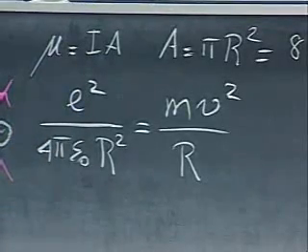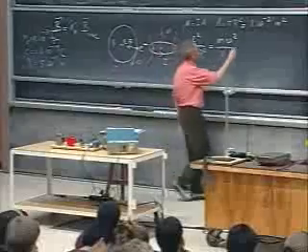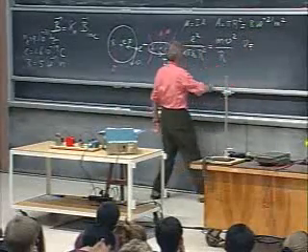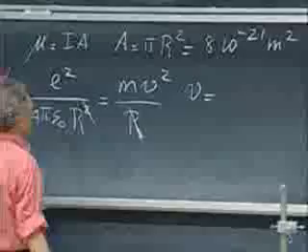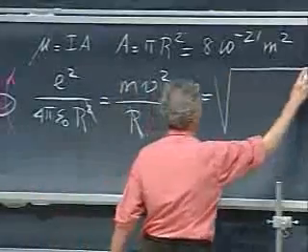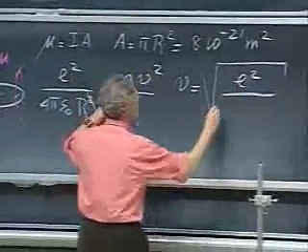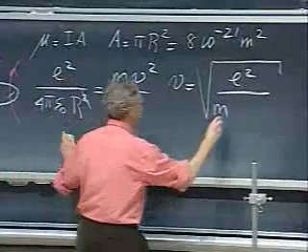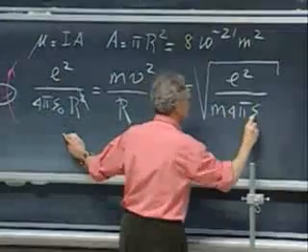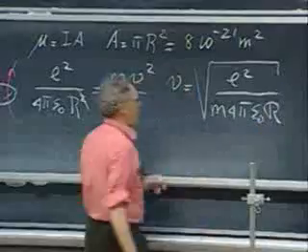It's phenomenal. It's an incredible speed. So v then becomes, I lose 1 r, the square root of e squared upstairs, m goes downstairs, I have 4 pi epsilon 0, and I have here an r. And I know all these numbers.